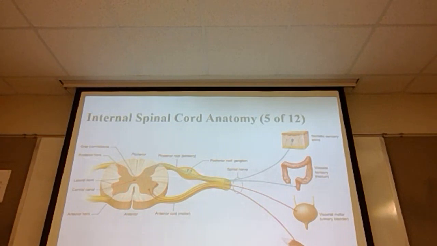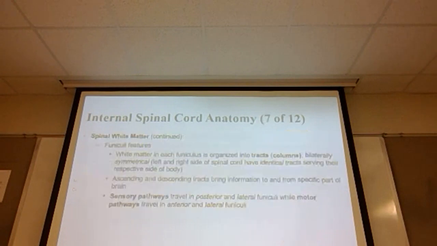The regions coming off the posterior region go to things like the skin and the visceral sensory, such as the rectum and the intestine. The anterior horns lead to things like the skeletal muscles and the bladder control.